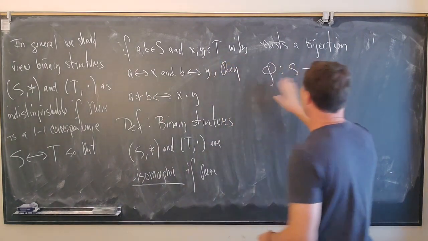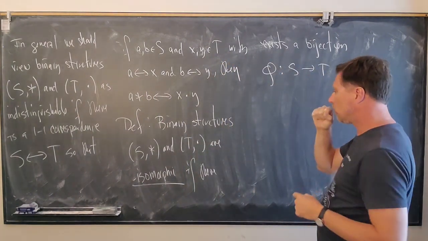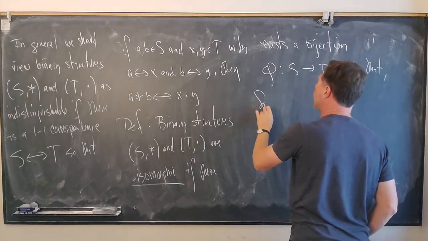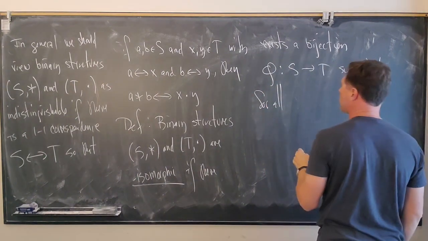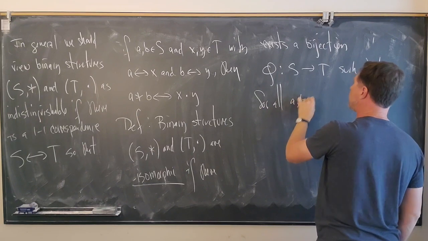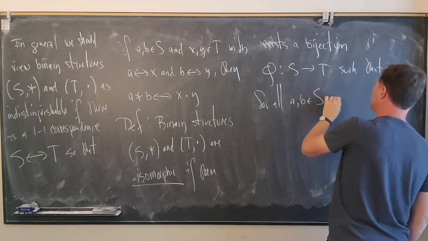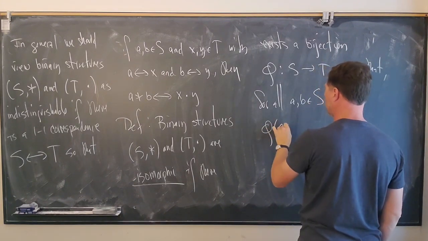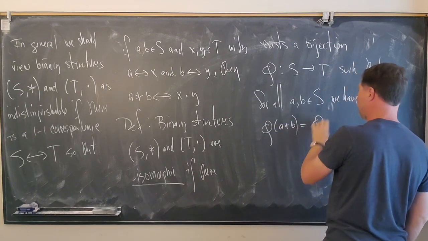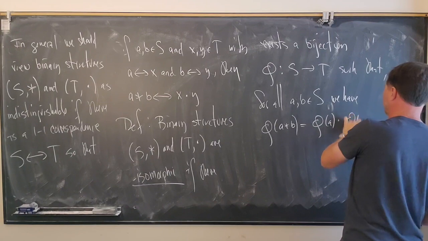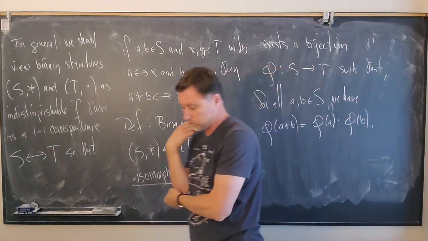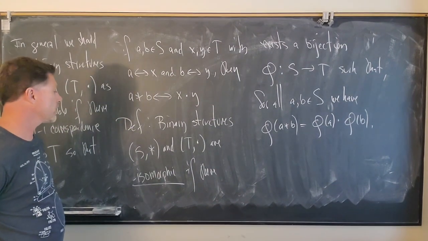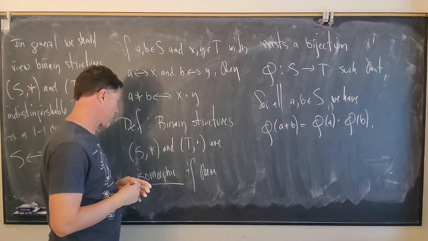Now I'm actually using the symbol phi for that one-to-one correspondence, the bijection, such that for all A and B in S, we have phi of A star B is equal to phi of A dot phi of B. This is one of the fundamental concepts of all of abstract algebra.